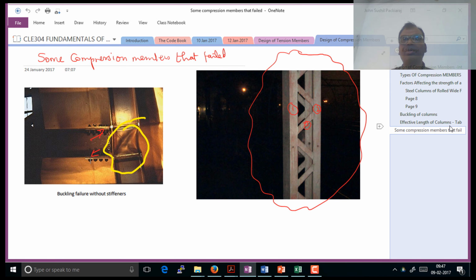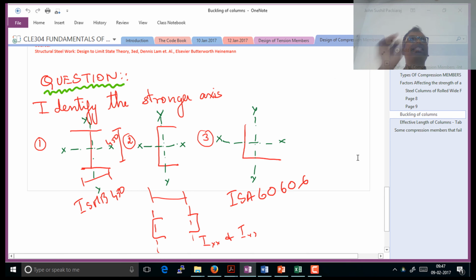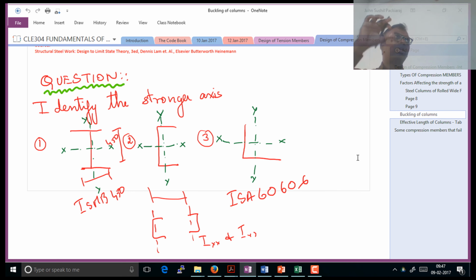So how do you actually go about effecting a saving? You see various sections. Will it be possible for an ISMB to take the load by itself? If it is a no, it might be because the column is weaker about one axis. This is where the principle of the location of the column comes into the picture. A column which is in the middle of the building may not have any moments at all.